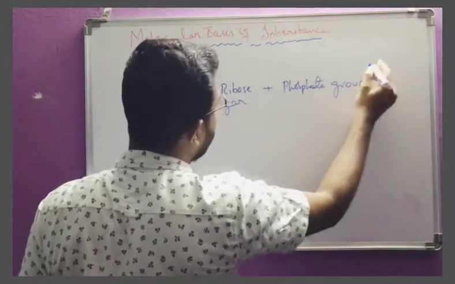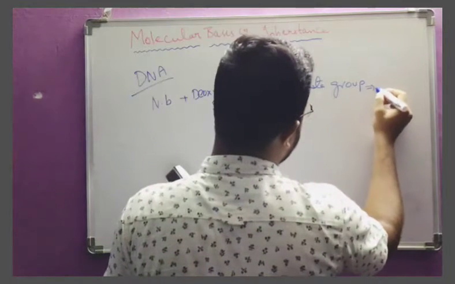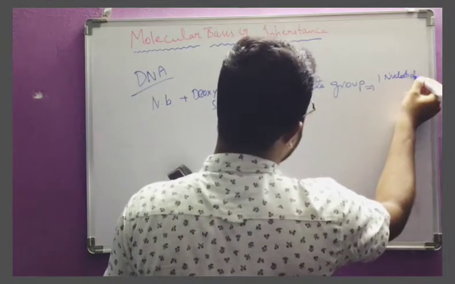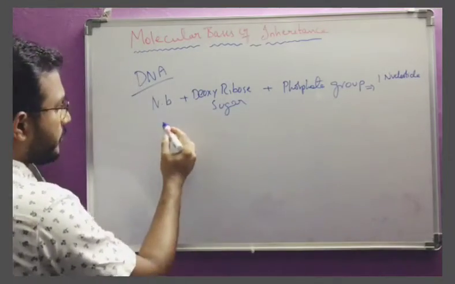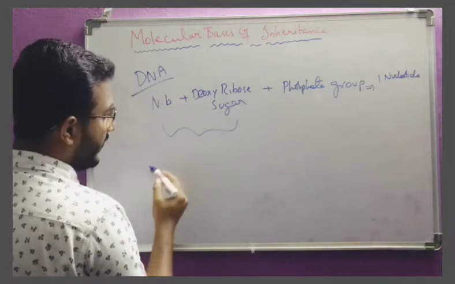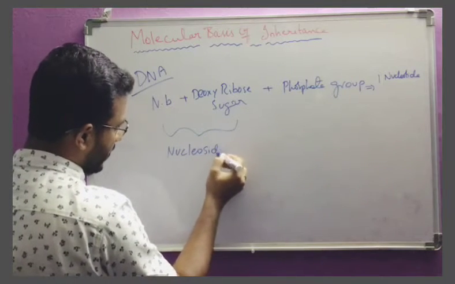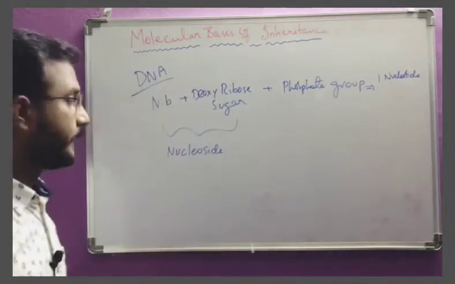These three together are called one nucleotide. And if we combine the base and the sugar, this is called a nucleoside. These three together are called a nucleotide.